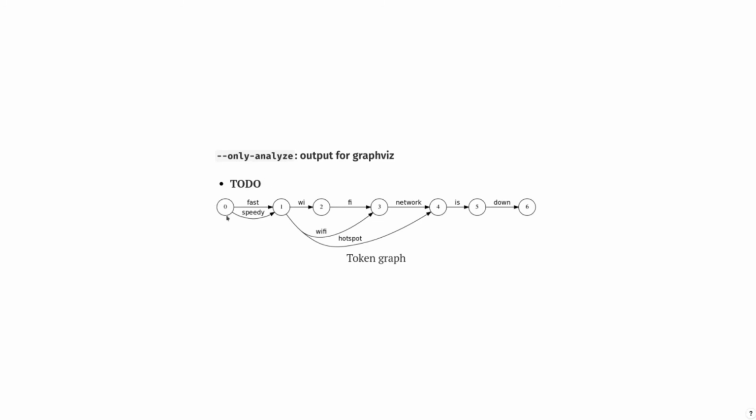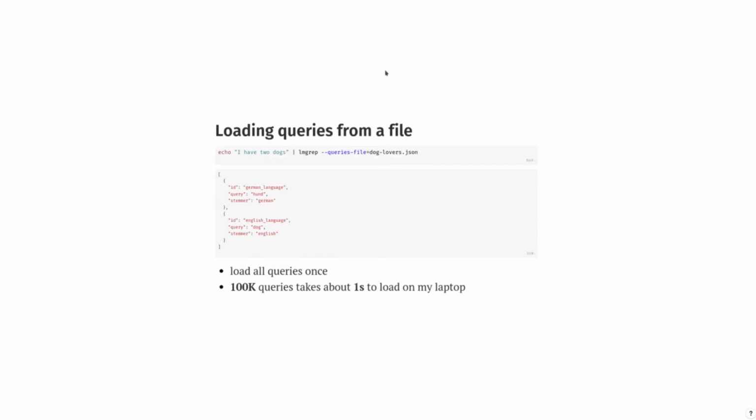Because I would like to see the token list, which is actually a token graph, drawn as a graph. So I took this nice picture from some internet blog. So most likely I will implement this in the near future. Yeah, cool. So we are done with the only analyze flag.